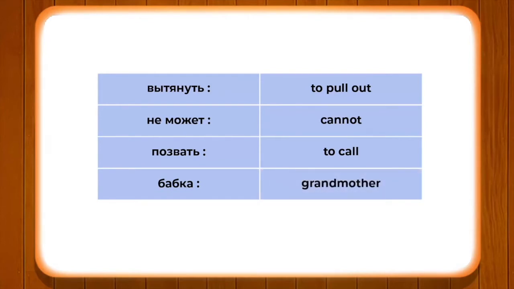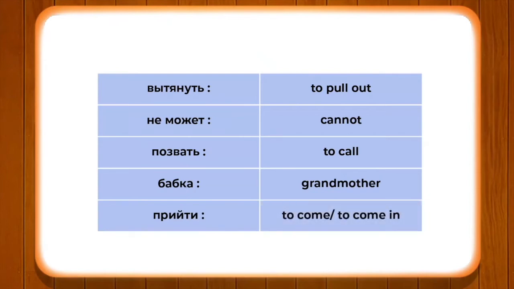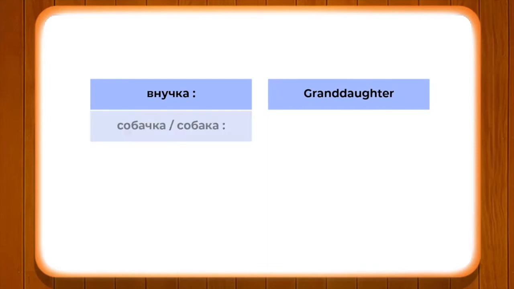In Hindi we know it as dadi ma or dadi ji. Next word we have preechi. Preechi means to come in or to come. Next word vnuchka. Vnuchka means granddaughter. The next word is sabachka or sabaka. That means dog or doggy.